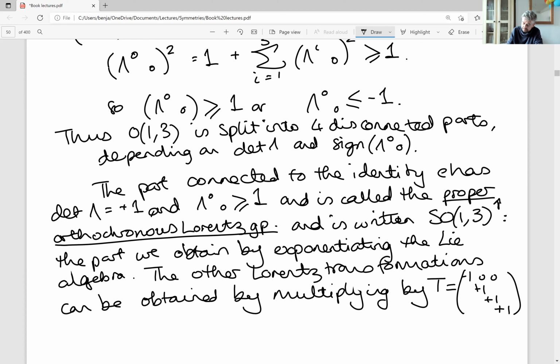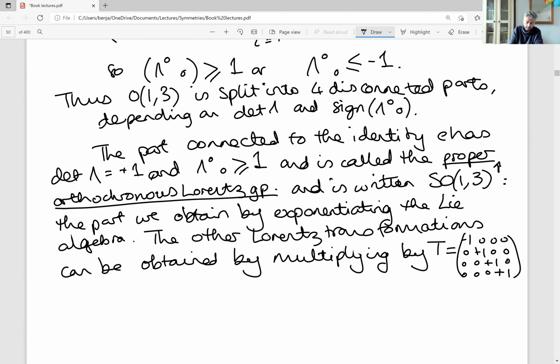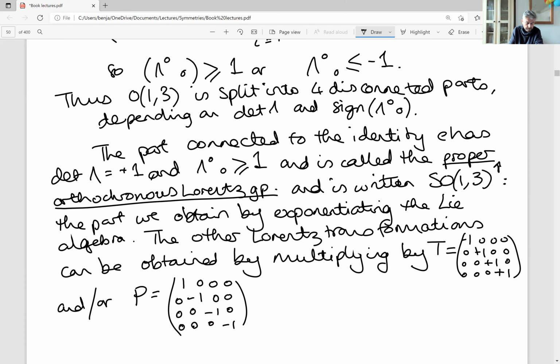There's a minus in the first component, but not in the others. Or a matrix called P, which is 1, minus 1, minus 1, minus 1. So what T does, of course, is it just reverses the time component.